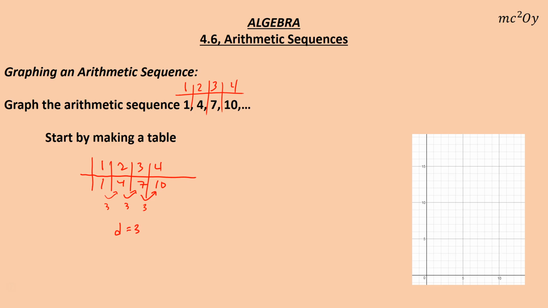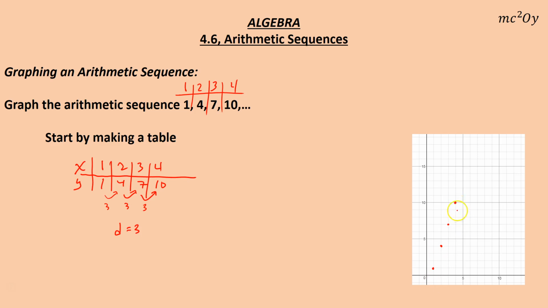So really, I'm thinking this is X and this is Y. And like I said a while ago, these two things are going to eventually change to different variables, but they mean the same thing as X and Y. So look, I'm going 1, 1, and I'm going 2, 4, I'm going 3, 7, and I'm going 4, 10.